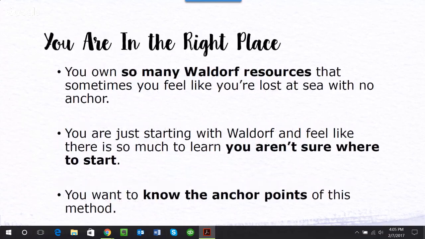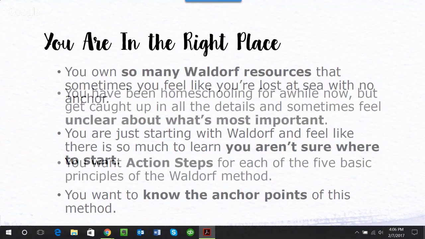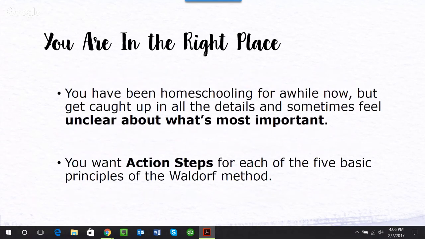So you're in the right place. If you're a Waldorf homeschooler and you have so many resources on your shelves that you aren't sure where to begin, you sometimes feel lost at sea. You may also just be starting with Waldorf and you don't really know where to begin. Or you just want to know what those main anchor points and basic principles are so that you can get back to basics here.